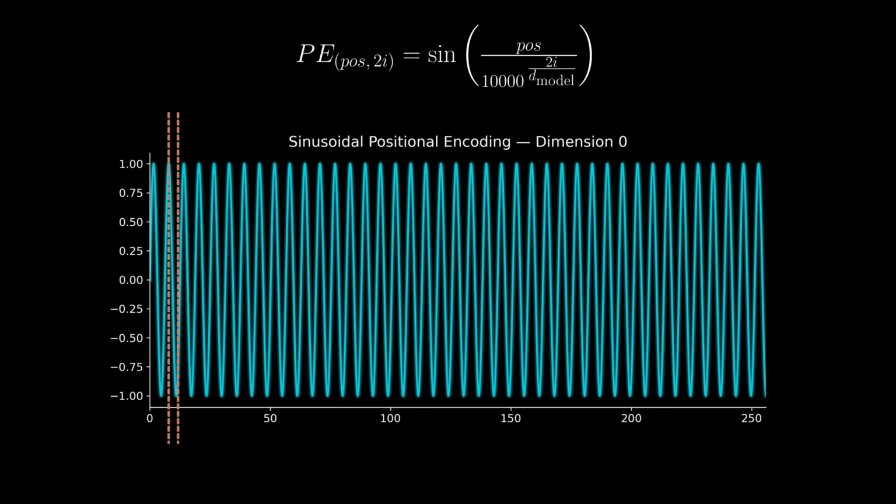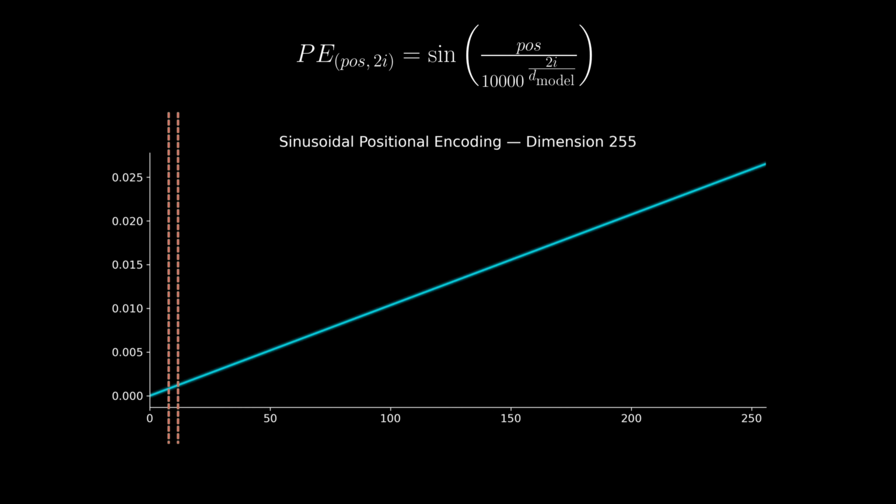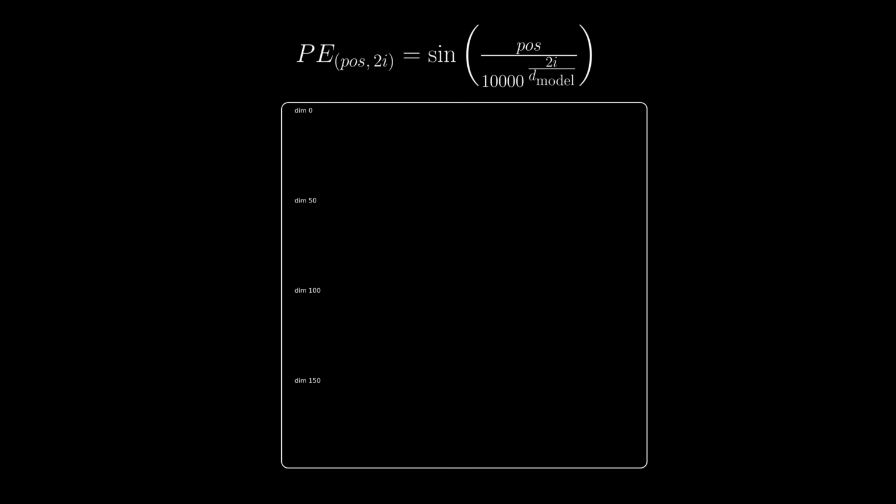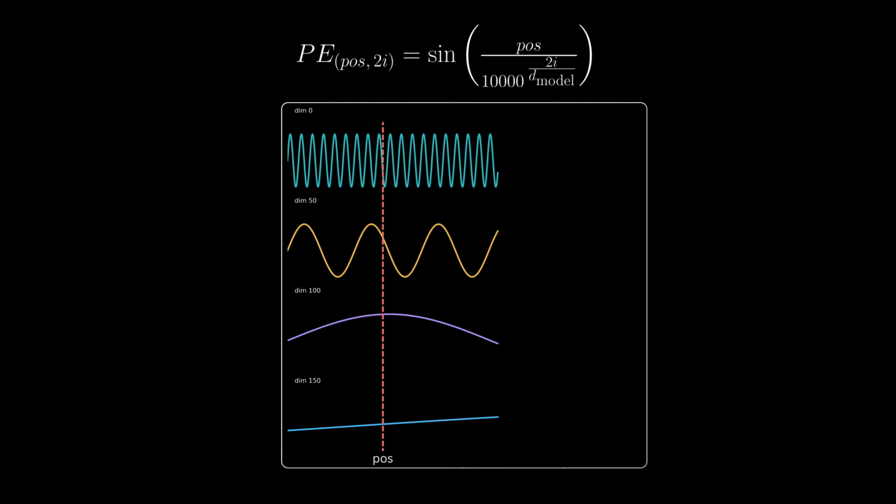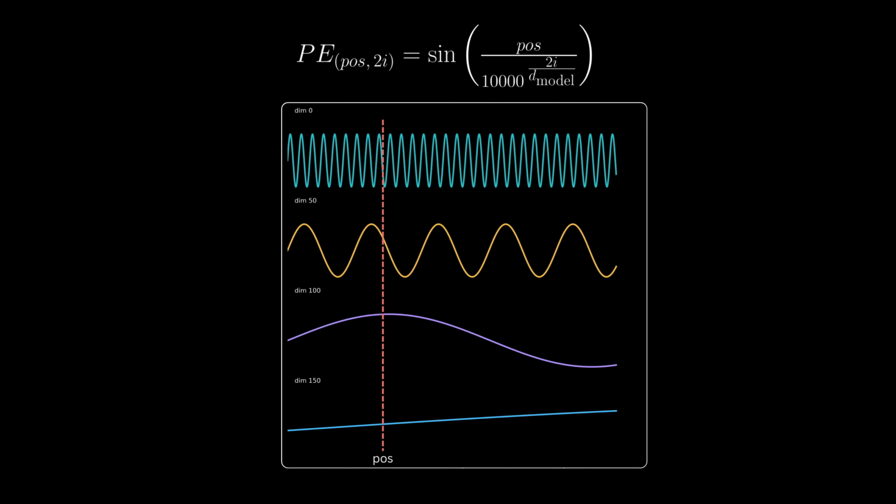In the later dimensions, where frequency is extremely low, positions like k and k plus 200 can still produce similar values, which means these dimensions can encode coarse global positional structure. Since each dimension corresponds to a sine wave with a different resolution, a single position gets mapped to a vector that combines local and long-range positional information across different dimensions.